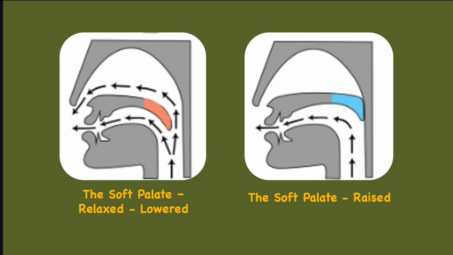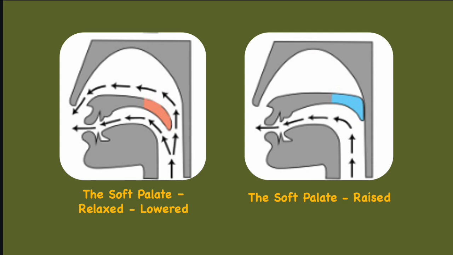Sounds produced this way are called oral sounds. And when the soft palate is lowered, it closes off the oral cavity to some extent, allowing air to exit through the nose. Sounds produced this way are called nasal sounds, like m, n, and ing, as in sing.